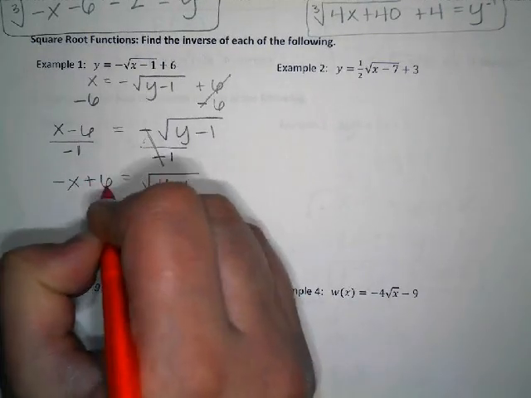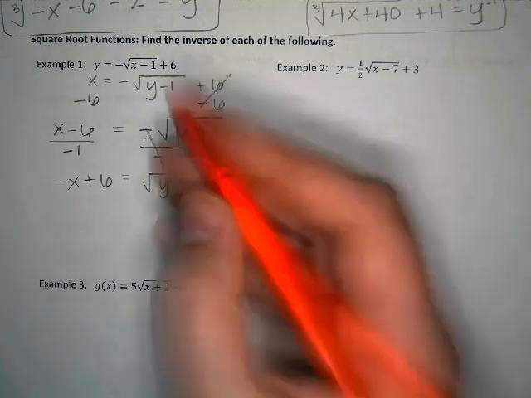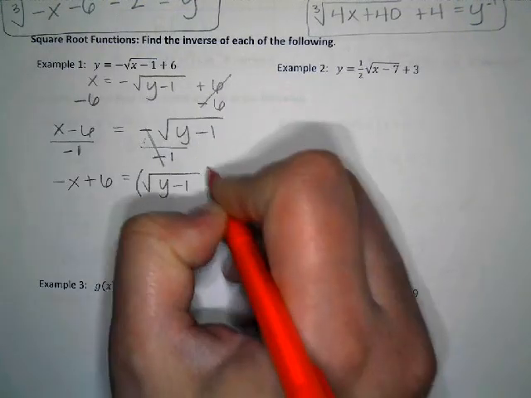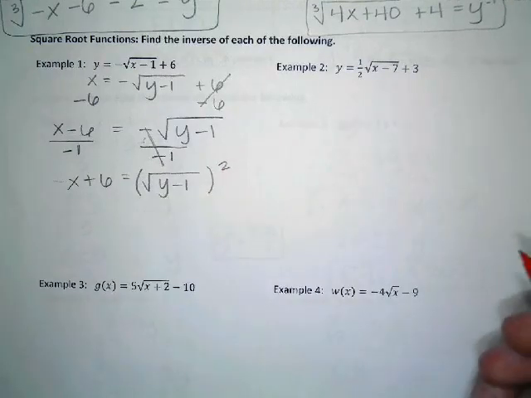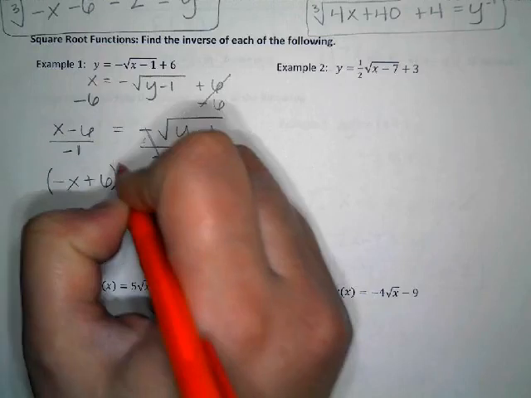And then anyone know how to get rid of a square root sign? You square it. Yeah, you're going to square it. If you square it, you get rid of a square root sign. So we're going to take this side and we're going to put an exponent of 2. Square it. We're going to take this side and we're going to put an exponent of 2.